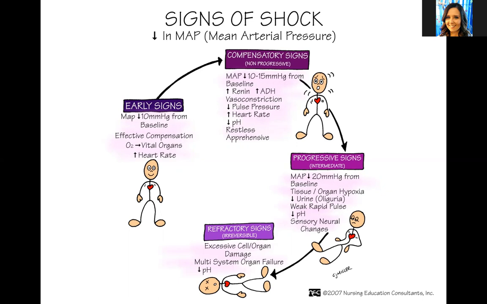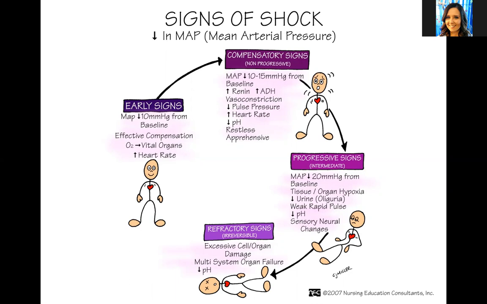So LOC changes. The progressive stage, so now our MAP has dropped 20 millimeters from baseline. You're going to see their systolic blood pressure less than 90. They have tissue and organ hypoxia. The oliguria, the urine output will be low. They'll have a weak and rapid pulse. Remember, their pulse is greater than 150.